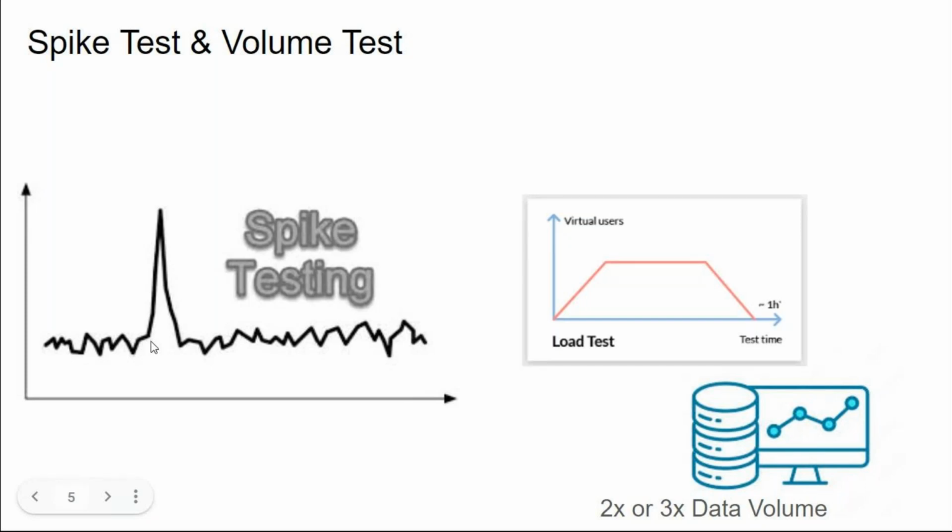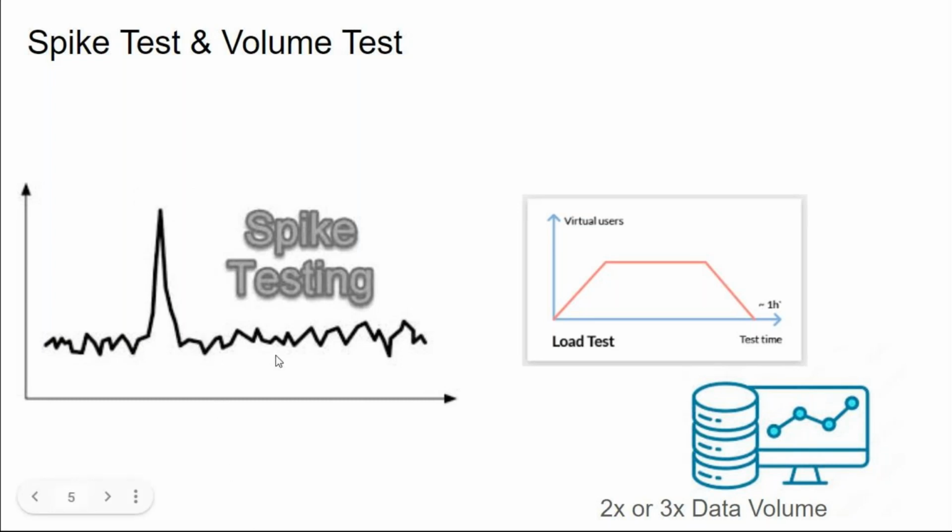So at that time, from 1,000 users, the users will increase to 5,000 users, and those users will be active. That traffic will be there for 10 or 15 minutes maximum, and then they are going to drop out of the application. So there is a sudden increase in the number of users and the traffic, and then it's going to drop suddenly.